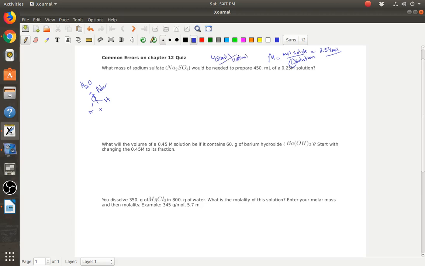There are 1,000 milliliters in 1 liter. You have to remember this. A milliliter is a teeny drop. A milliliter is like just a drop of water. But a liter, think about a 2-liter bottle of Coke. It's half a liter, so it's a lot larger. So it's basically dividing it by 1,000, so 0.45.